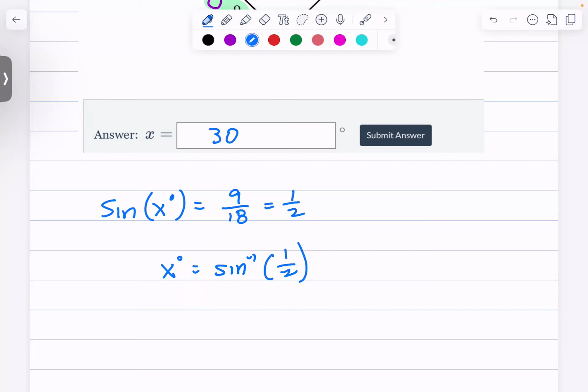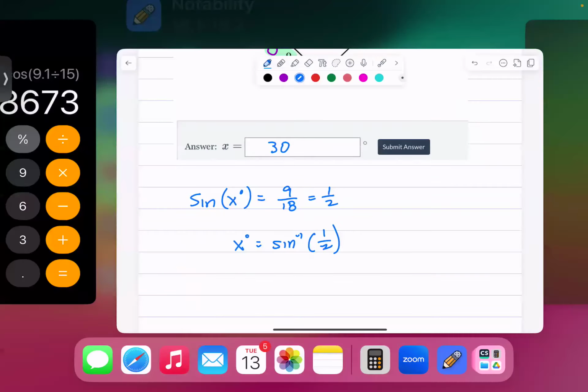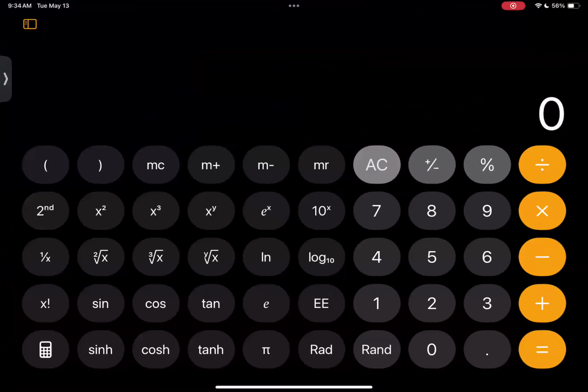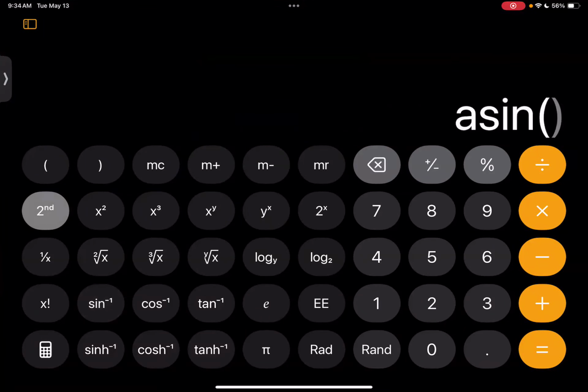And you guys can do all the verifying that you want. On your calculator, push second, and then sine. It depends on what calculator you have.